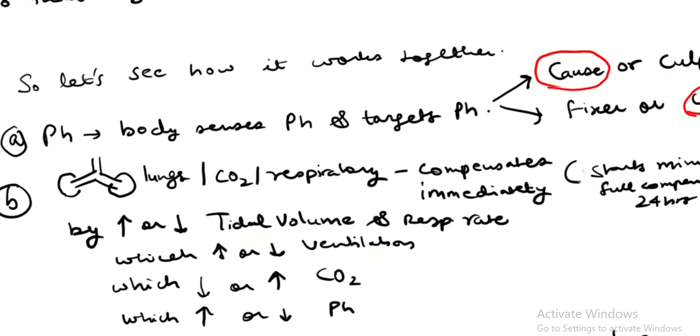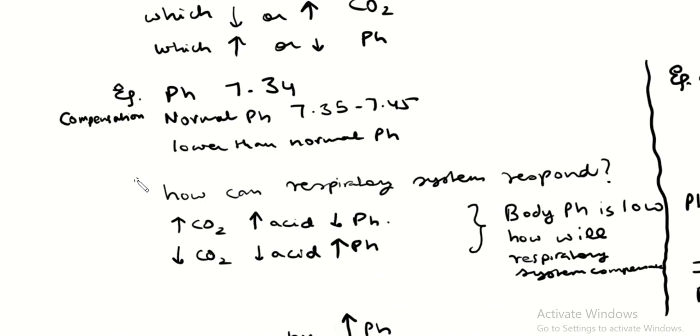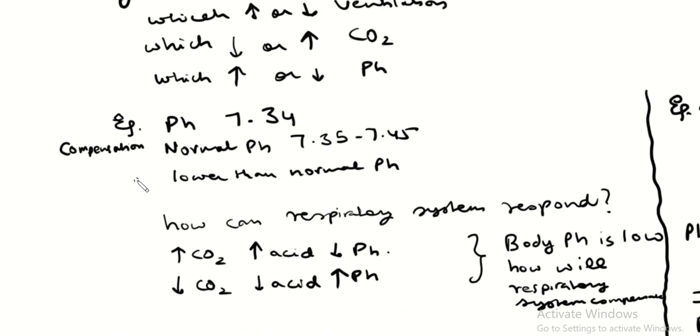So what does that mean? Let's take a look. Let's say you have a pH of 7.34, right? Let's say that's the pH you start off with. You want the normal pH of 7.35 to 7.45, right?